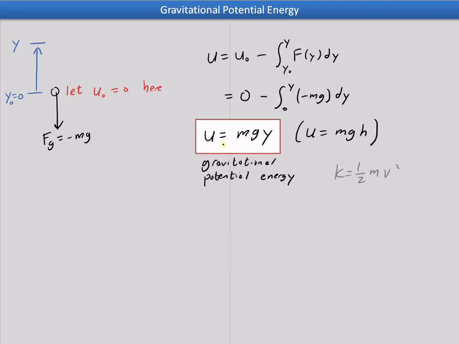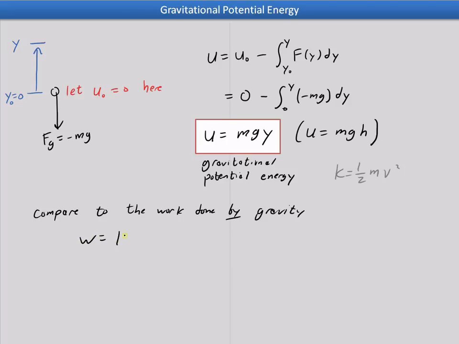Also, let's compare this answer to the amount of work done by gravity and see how that compares. And again, this is the work done by gravity, not whatever force is making the ball move, but by gravity by itself.